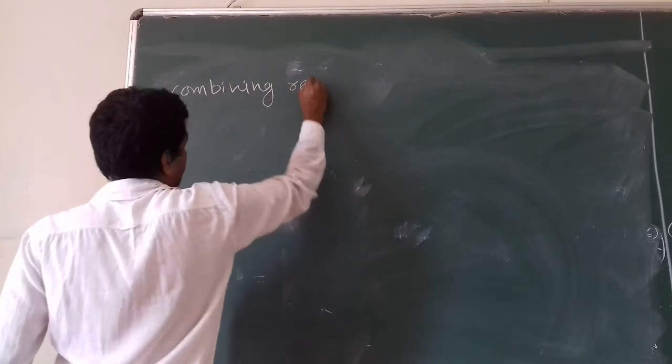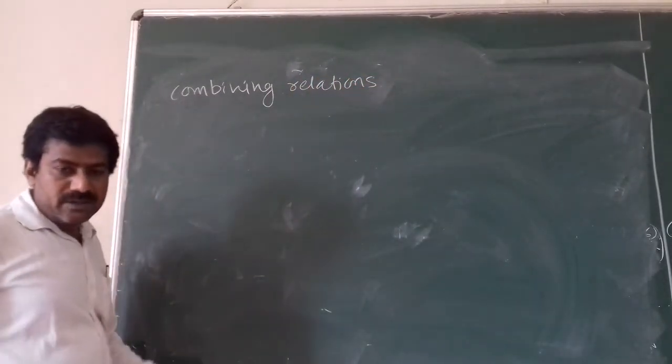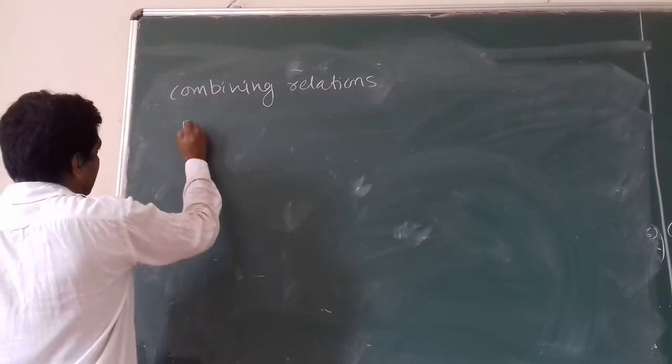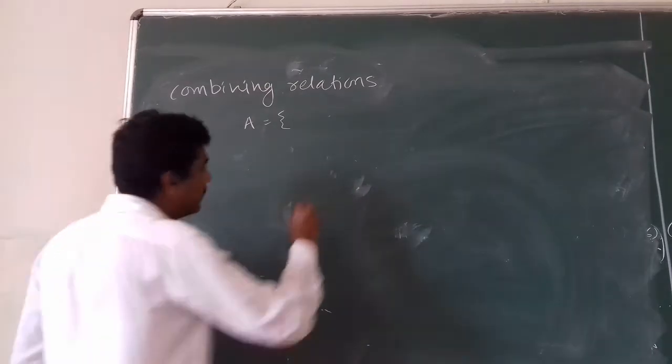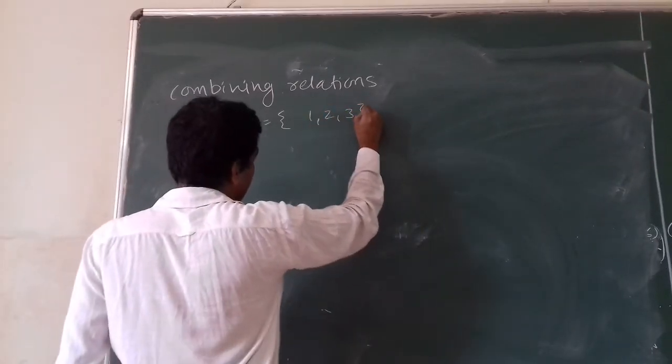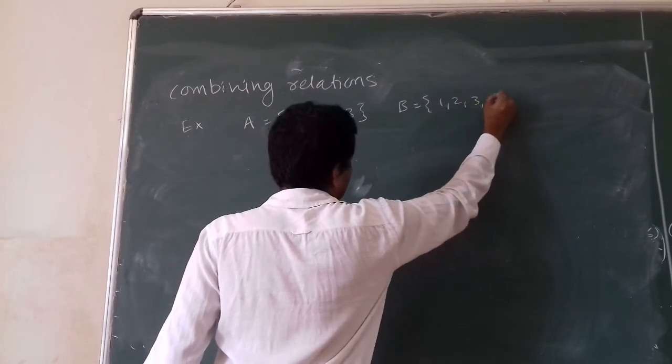Combining relations. Okay, we'll see the example directly. Take A, a set with 3 elements, and B, a set with 4 elements.